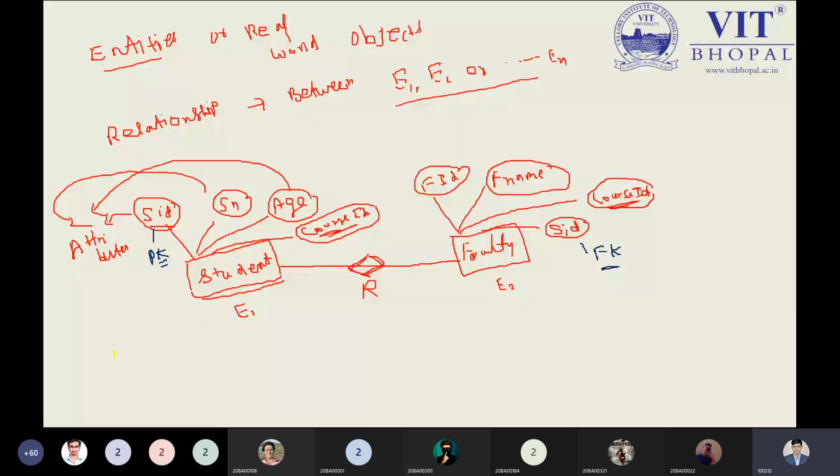A relationship will exist only between entities. So the student entity becomes our first entity, that is E1. Student becomes our first entity, I'm just showing only E1. Student contains its attributes, so I'm writing the student ID, student name, student age and course ID.